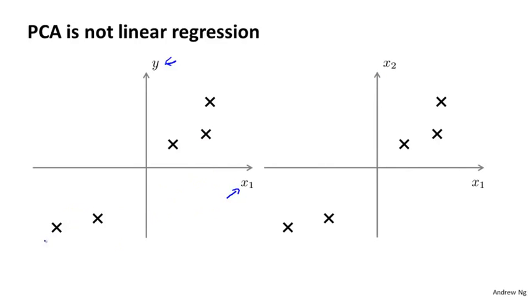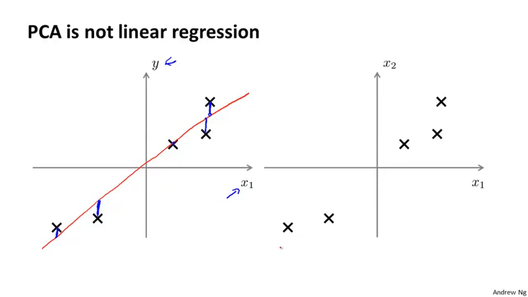In linear regression, we're fitting a straight line so as to minimize the squared error between a point and this straight line. So what we'd be minimizing is the squared magnitude of these blue lines. And notice I'm drawing these blue lines vertically, right? These blue lines are the vertical distance between the point and the value predicted by the hypothesis.